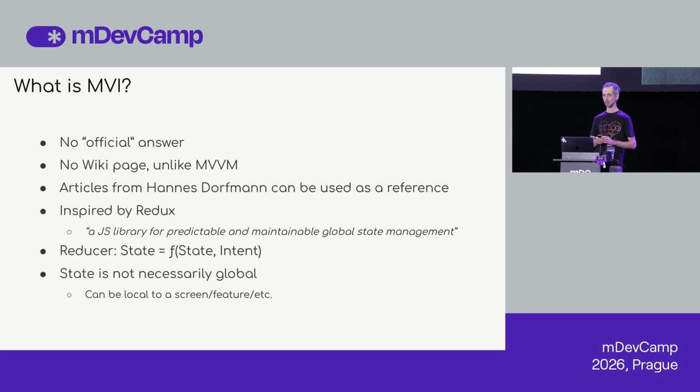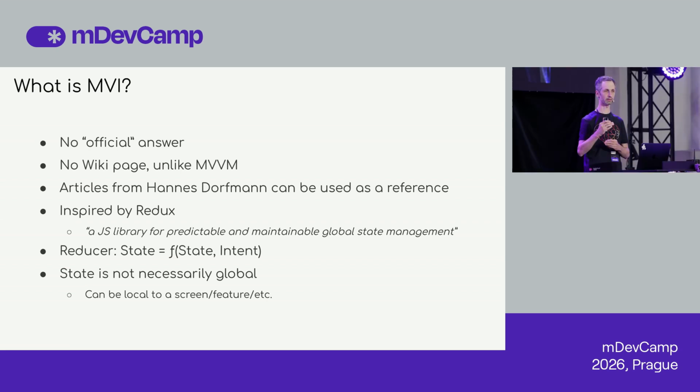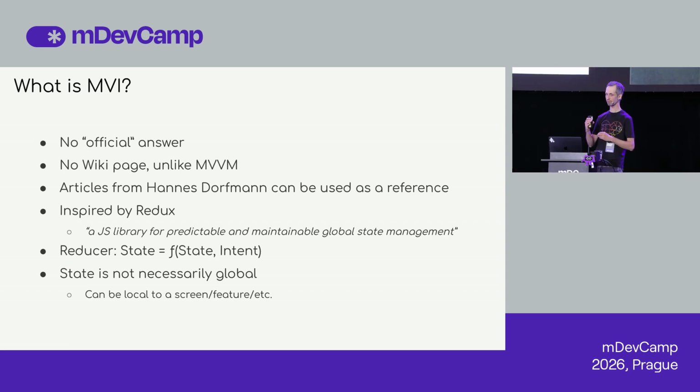MVI is inspired by Redux, which is a JavaScript library for predictable and maintainable global state management. What distinguishes MVI from, let's say, MVVM is that there is usually a single pure function that takes the current state and an intent, or an action you want to apply to the current state, and returns a new state.